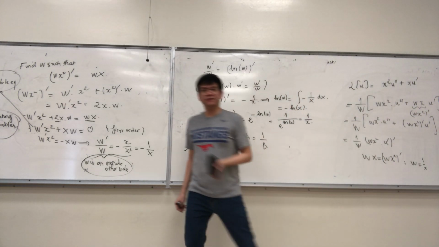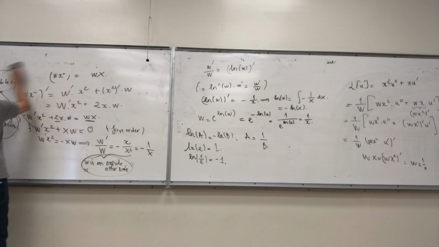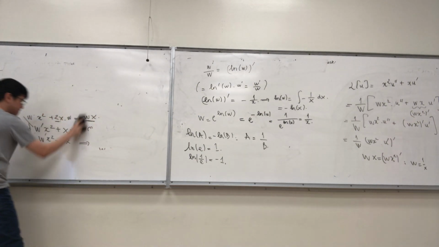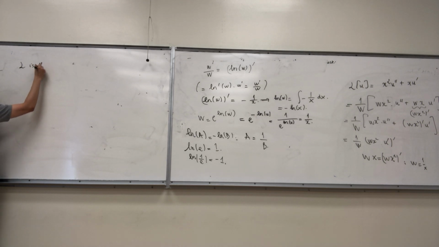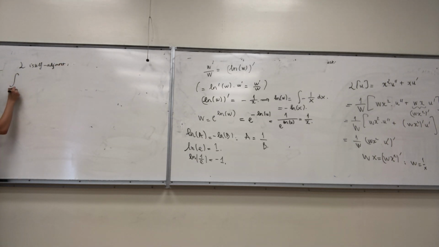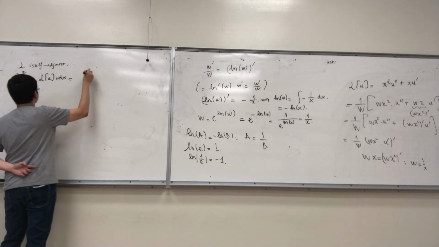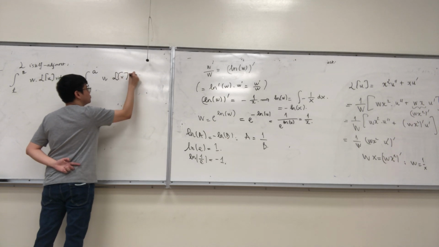And I'm going to show that this operator is self-adjoint, to convince you that this is good. So L is self-adjoint, meaning that the integral from 1 to a of w L(u) v dx is equal to the integral from 1 to a of w L(v) u dx.